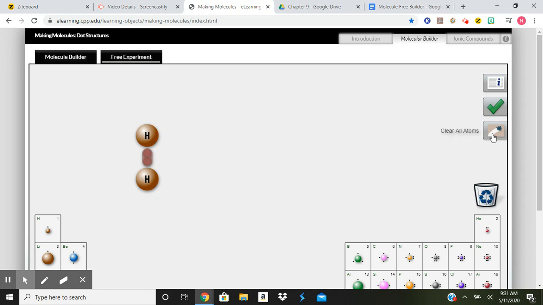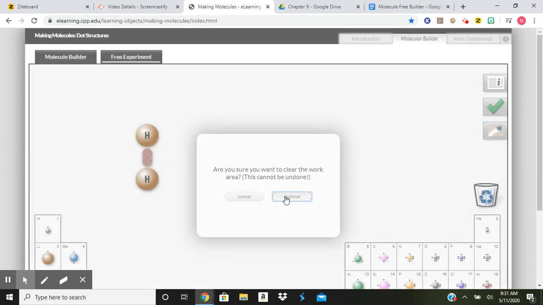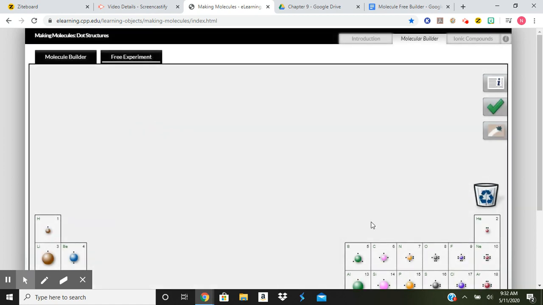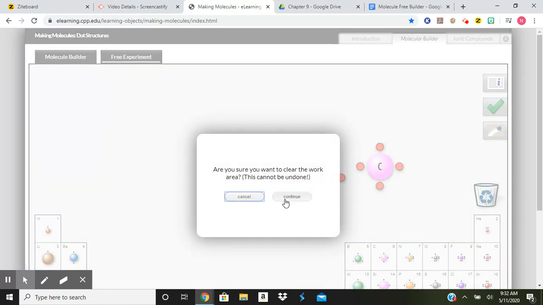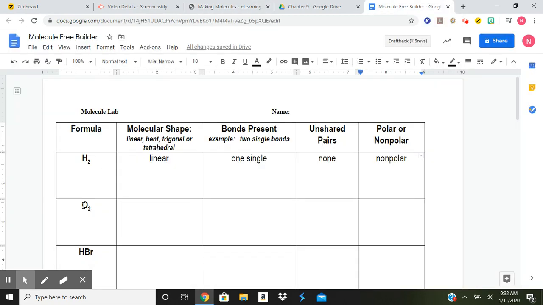You can clear all atoms. It lets you say, yeah, I want to clear it. All right, so you're going to drag out whatever you need. You're going to click, drag, click, drag. And then essentially, you're just going to put stuff together based on the formula that I have written here. So you're going to use this as a guide as to what you're going to drag out.